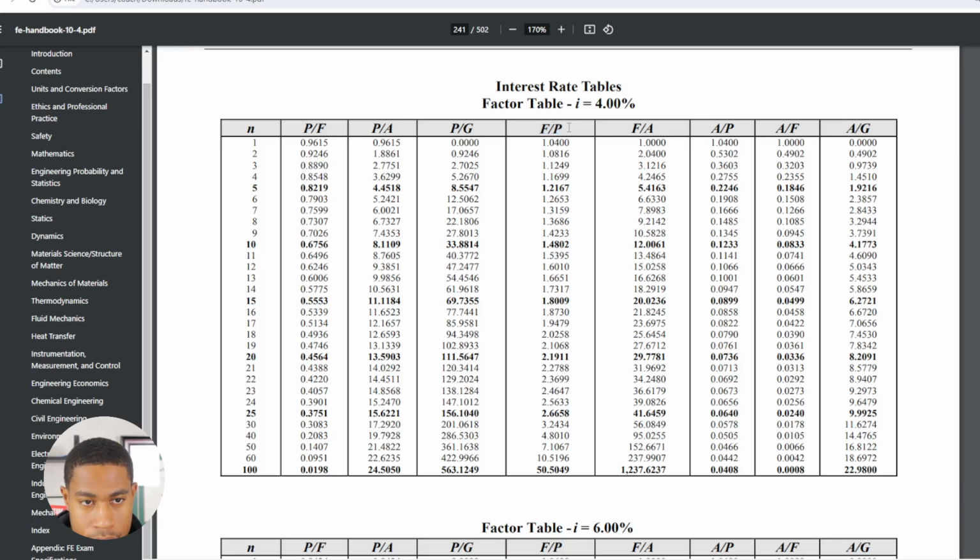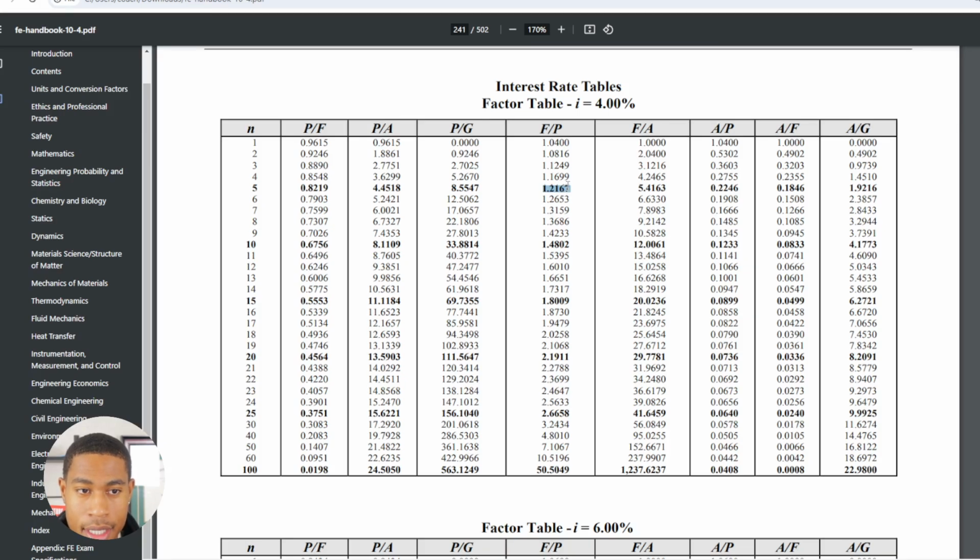And so now the next thing we need to do is determine the number of our end value, right? So if this is over a 5-year period, then I know that I would use this value, right? Because my n is equal to 5, right? So if I'm trying to get to a future value given a present worth over 5 years, and this is the factor, I would multiply my present worth by it.